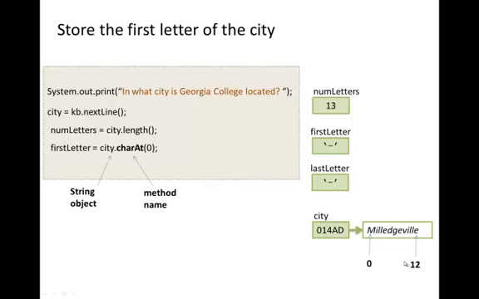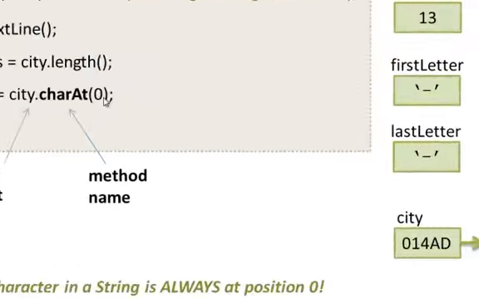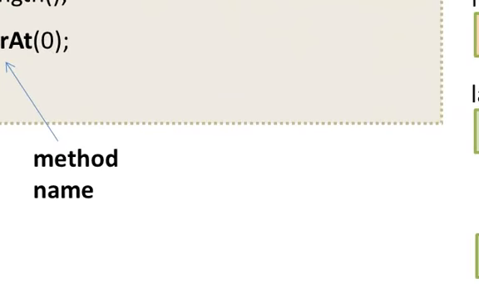So if there are 13 characters in the string, the first one is at 0 and the last one is at 12. The first character in a string is always at position 0. So when we say firstLetter equals city.charAt(0), we're getting the M, and that is stored in firstLetter. So the value we had in there was replaced with M.